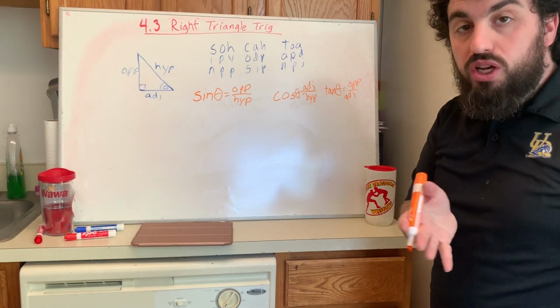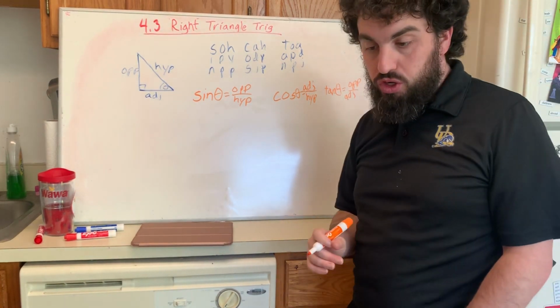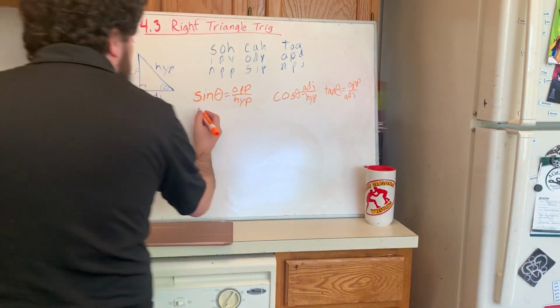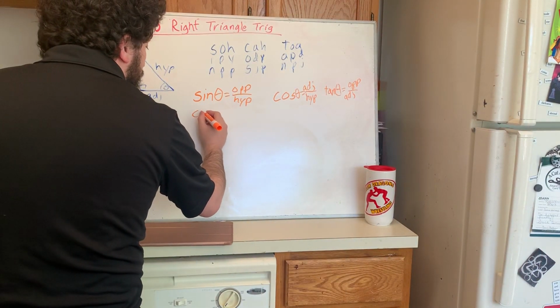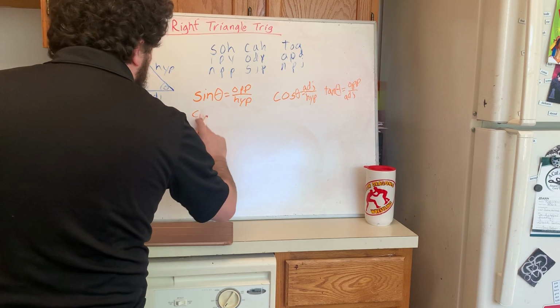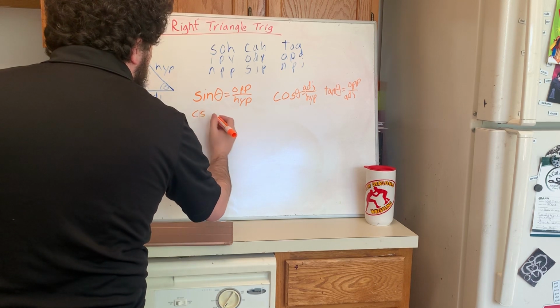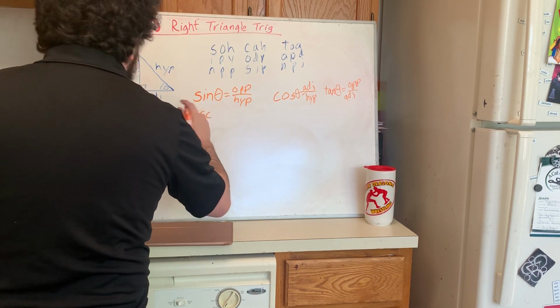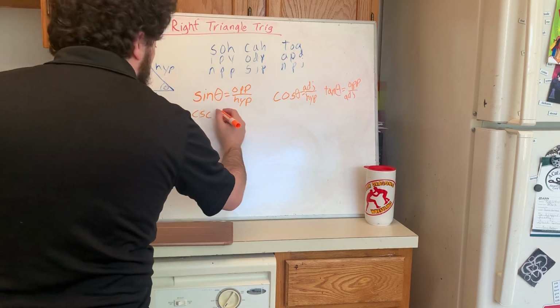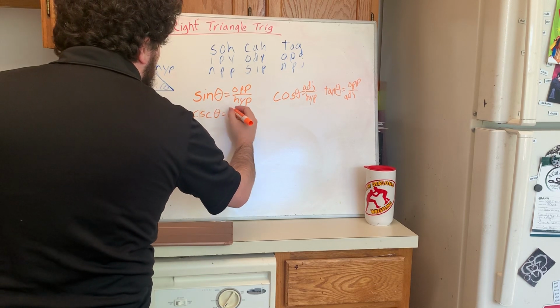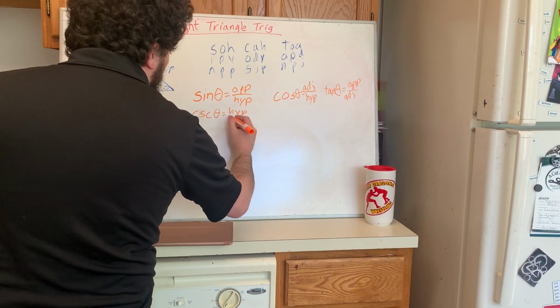So now I'm going to give you 3 new functions. We're going to have cosecant. Cosecant is CSC. So that's going to be hypotenuse over opposite.